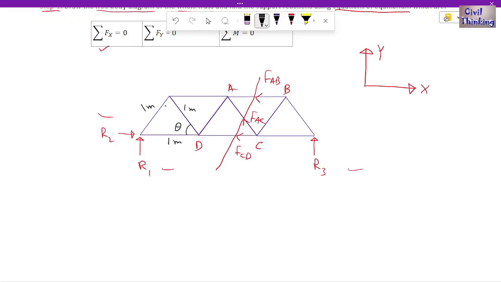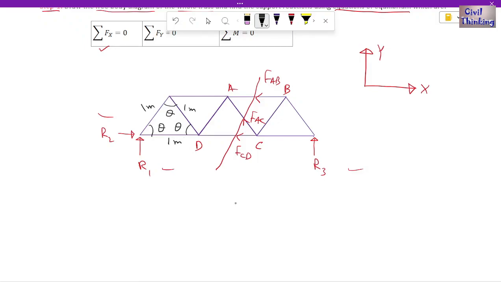Since this is an equal-sided triangle, each angle is equal. Each angle in a triangle which has equal sides is 60 degrees, because the sum of angles is 180 degrees, so 60 plus 60 plus 60 is 180.